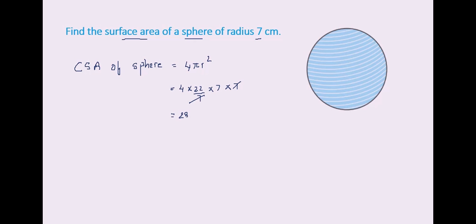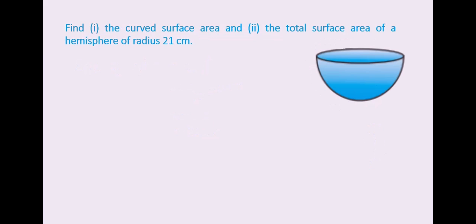So 28 into 22. How much is that? Let's calculate. 616 centimeter square is the surface area of the sphere. This was a simple sum. Let us go to the next one.